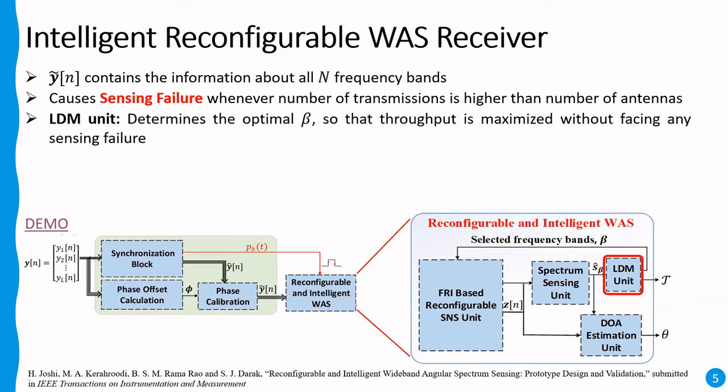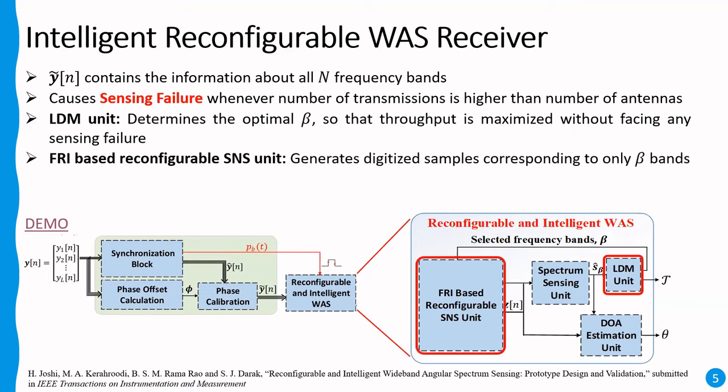sensing failure. Now, with this information of beta, the finite rate of innovation based reconfigurable sub-Nyquist sampling block generates the digitized samples that correspond to only beta frequency bands. These sub-Nyquist samples are then sent to the spectrum sensing unit to estimate the occupancy status, that is S beta, of beta frequency bands.